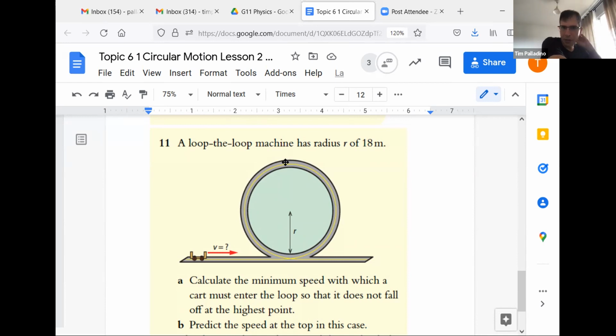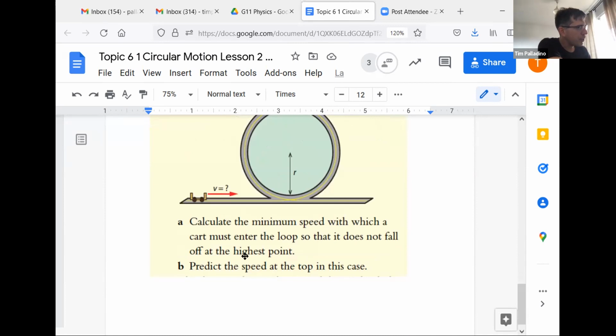We'll diagram this out to help make more sense of it in a moment. But what it's looking for us to calculate is the minimum speed with which a cart must enter the loop-de-loop so that it doesn't fall. So what we need to do is find the minimum speed here.